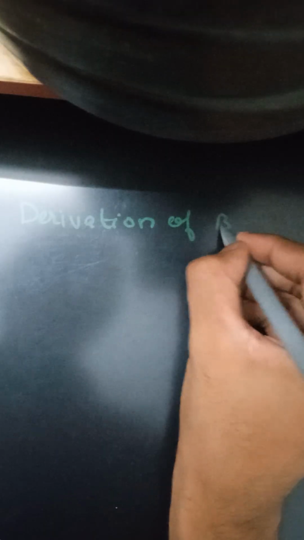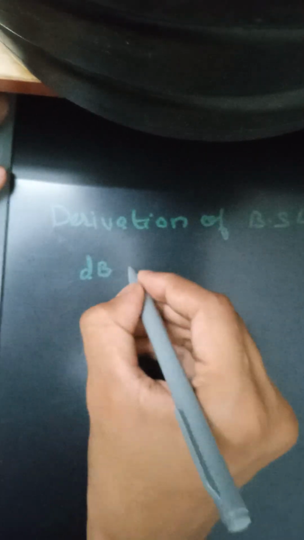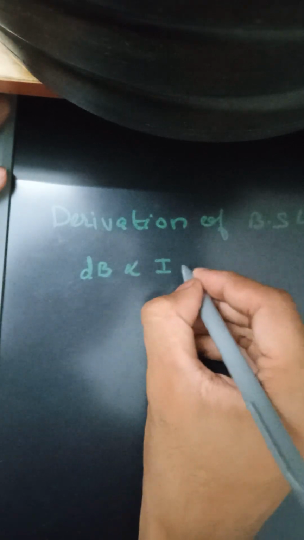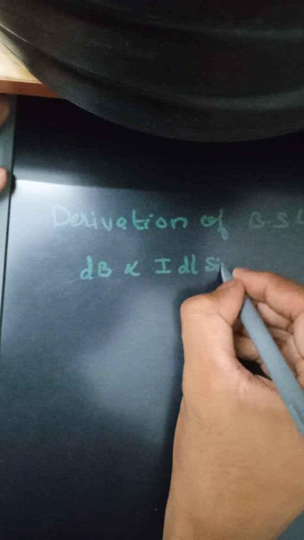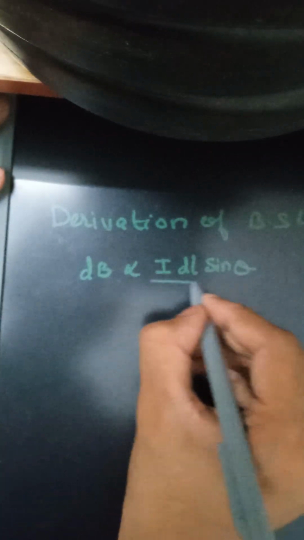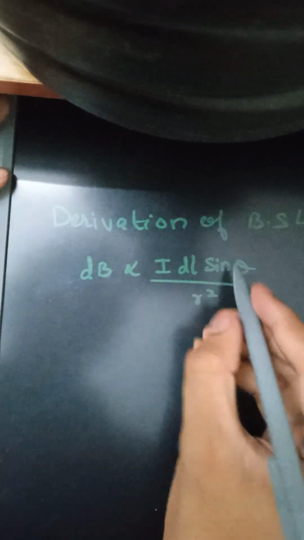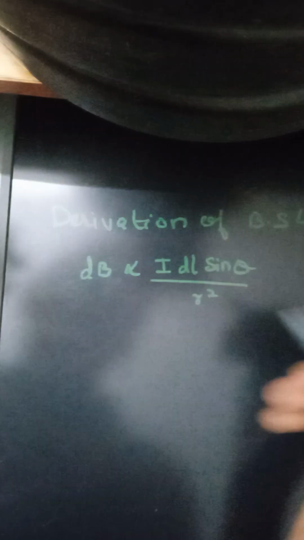Then we will see the derivation of BS law, that is dB is directly proportional to I dl sine theta by r square. This we know how it came.